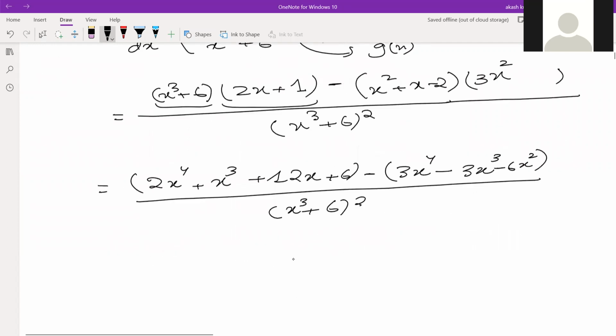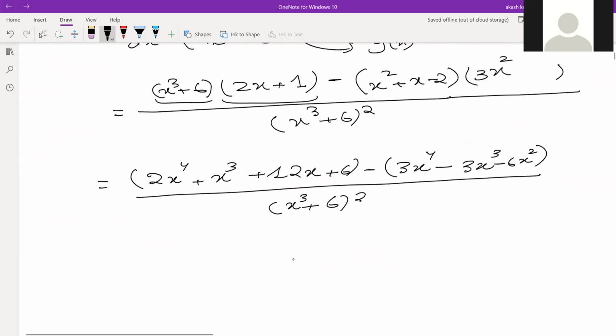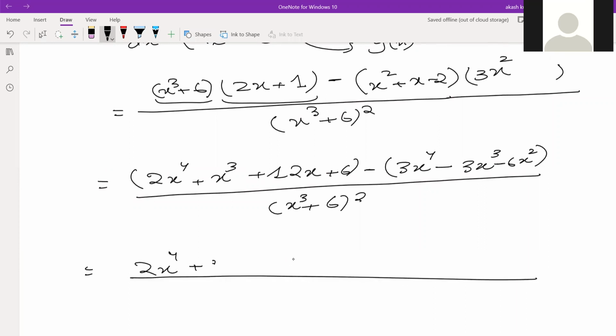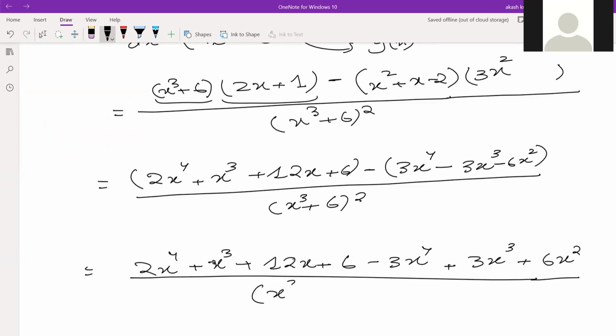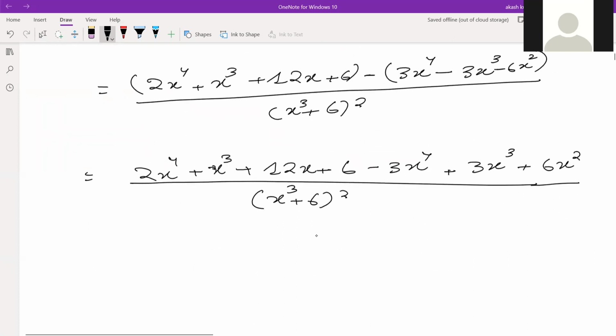So it is 2x4 plus x cubed plus 12x plus 6, minus 3x4 plus 3x cubed minus 6x squared, over x cubed plus 6 whole square. Is it clear? Yes. Okay.